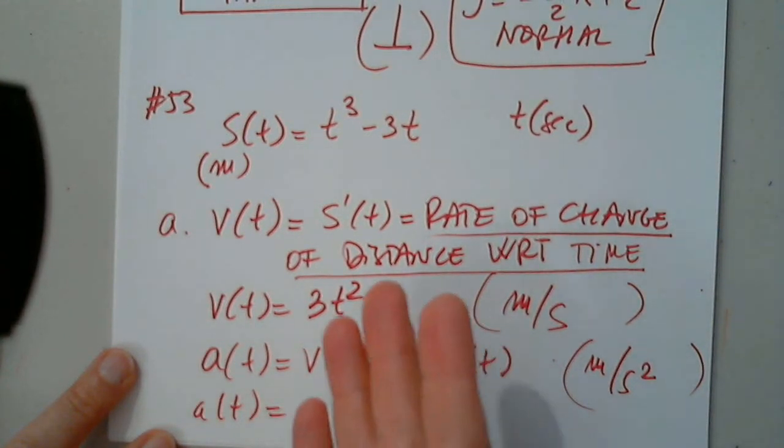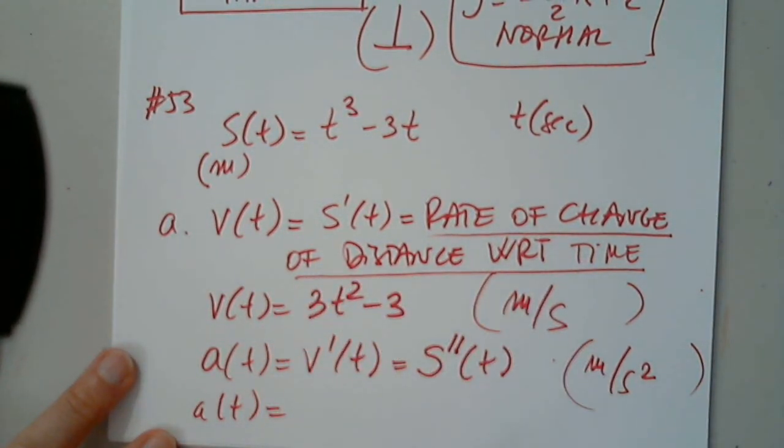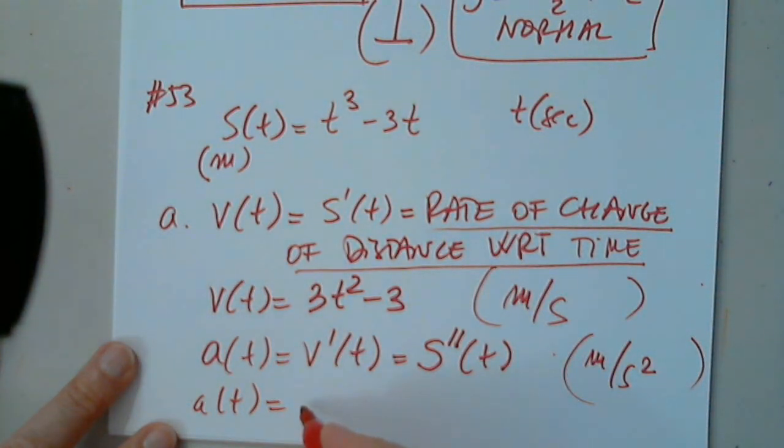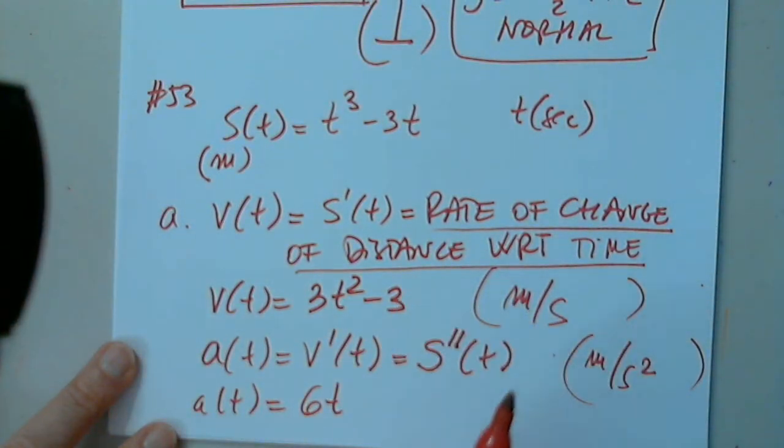Awesome. Can anyone give us a derivative of the velocity or the second derivative of the distance? Anyone? 6t. What is the derivative of -3? 0.